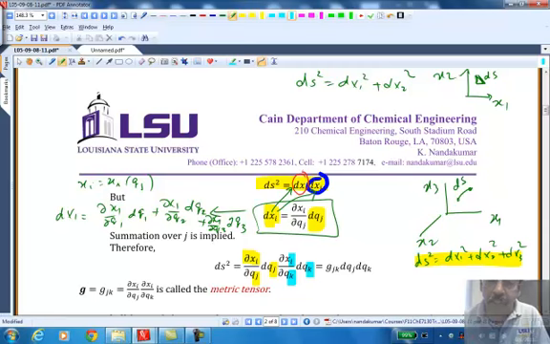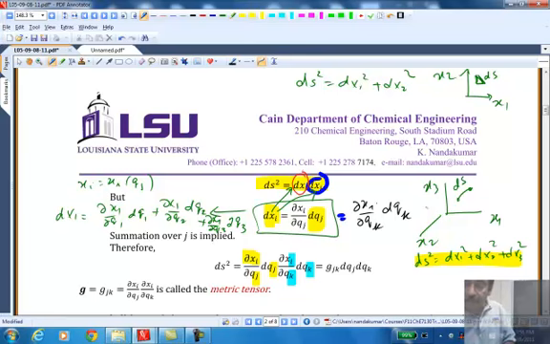I could write this also as dxi dqk dqk, because for a repeated index you can use any symbol to indicate that it is repeated. So they are the same. But when I'm using it in a product, I need to make sure that I don't repeat the same index. So I'm using j in the first one and k in the second one.